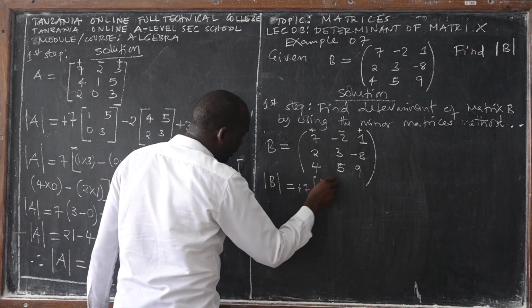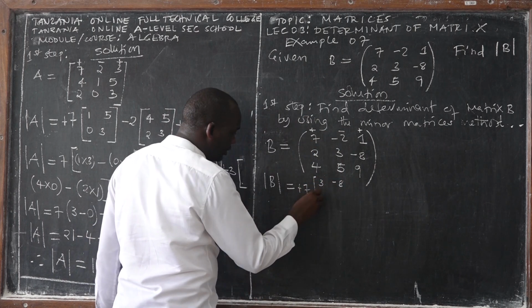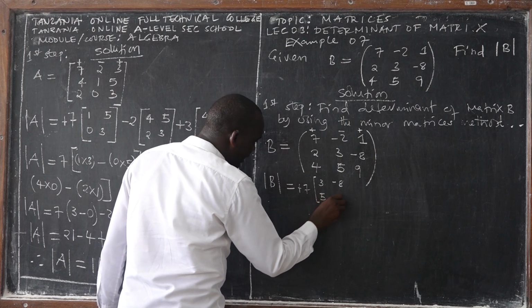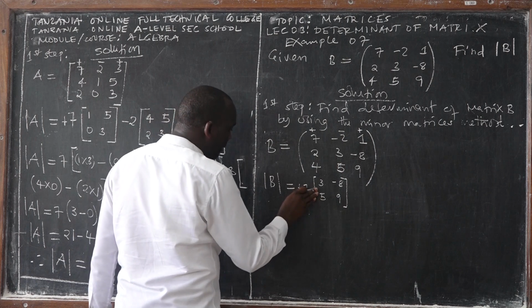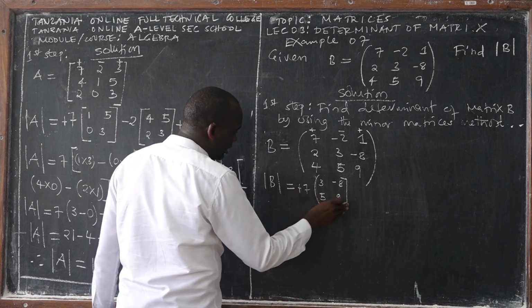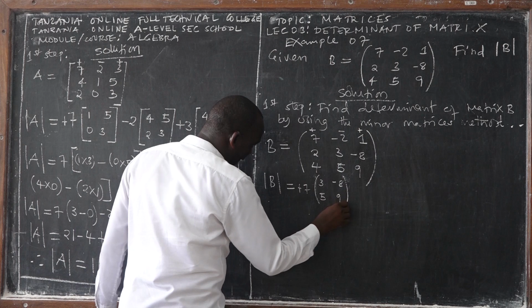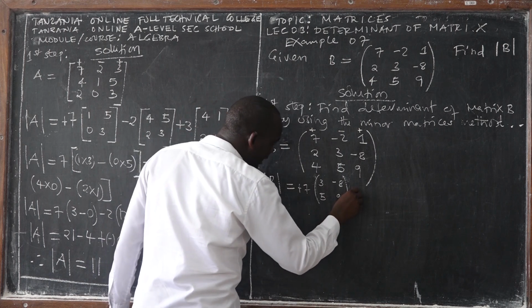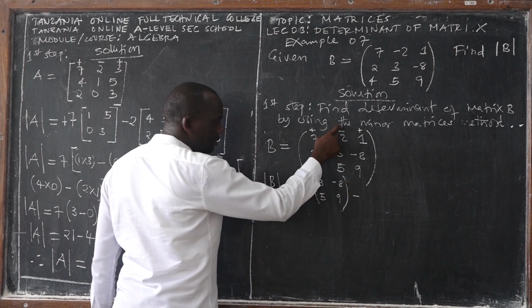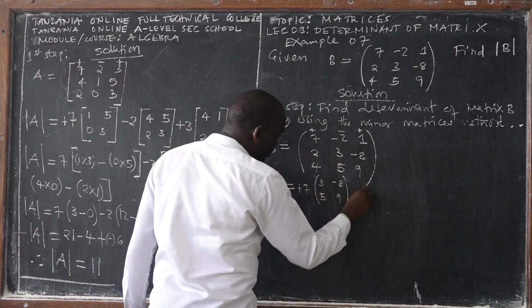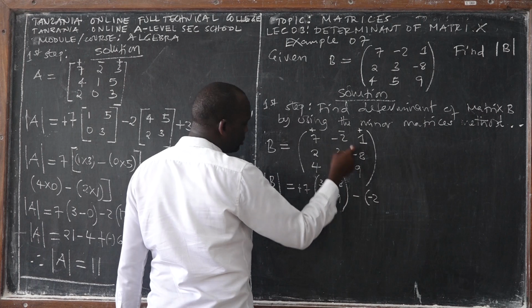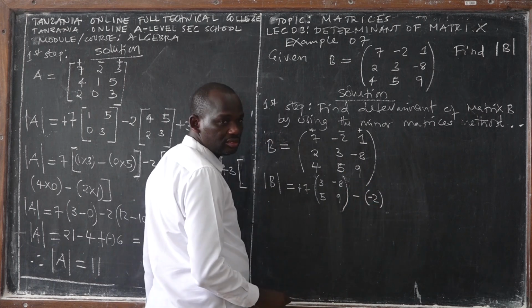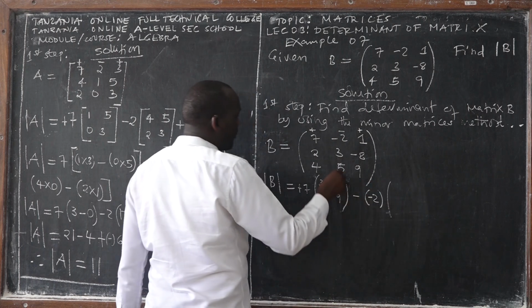Then you have 3, negative 8. Then 5, 9. We close bracket. Sometimes your teachers might tell you that you have to use this bracket. It's fine. Then minus, but we have negative 2. So this is negative 2. We close bracket. Then we have another minor matrix.